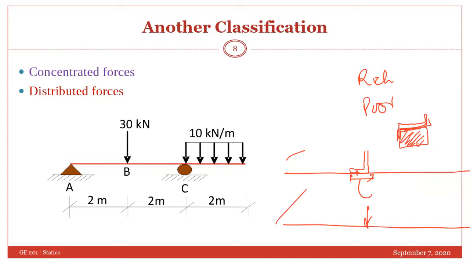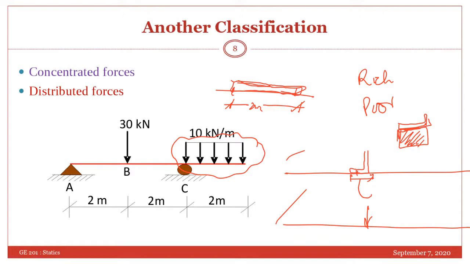And this is the notation for how we show the distributed force. The distributed force magnitude we show by load intensity. Load intensity means, in this much of the length, the total weight which is acting is say 10 kilonewton, and this length is say 2 meter.